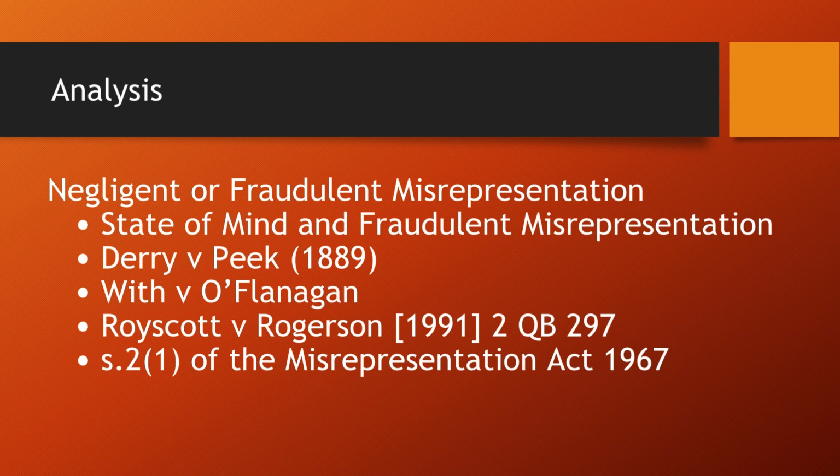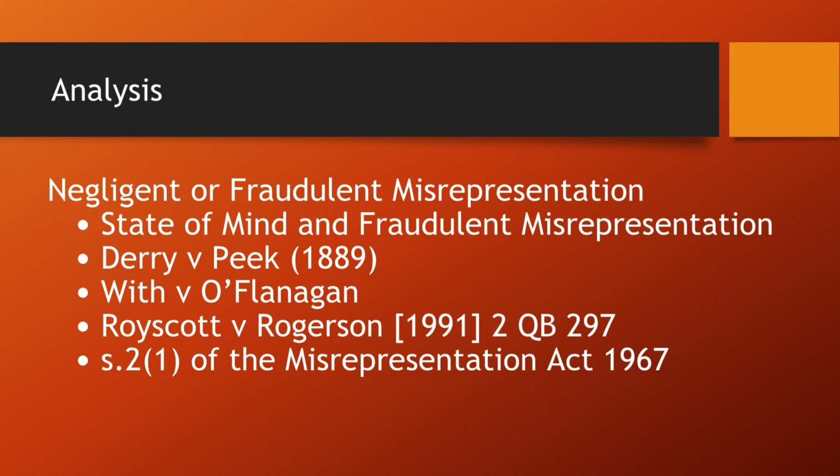A negligent misrepresentation under Section 2(1) of the Misrepresentation Act 1967 applies when a party makes a false statement of fact without taking reasonable care to ensure its truth. The Act shifts the burden of proof onto the representor to prove that they had reasonable grounds to believe the statement was true.